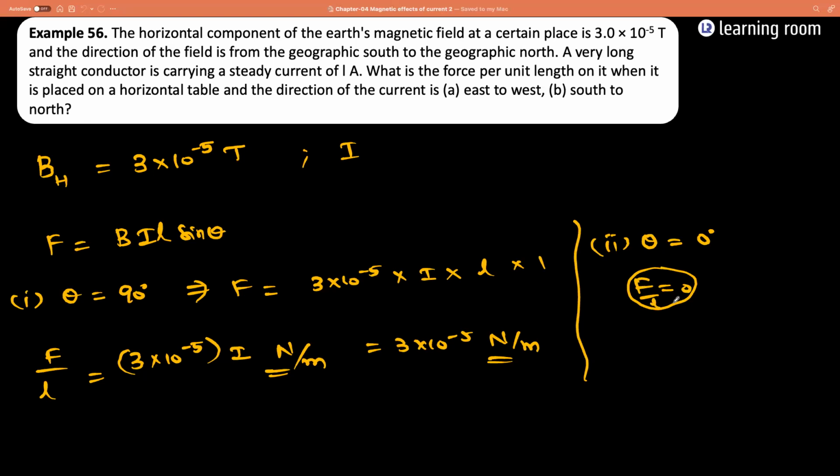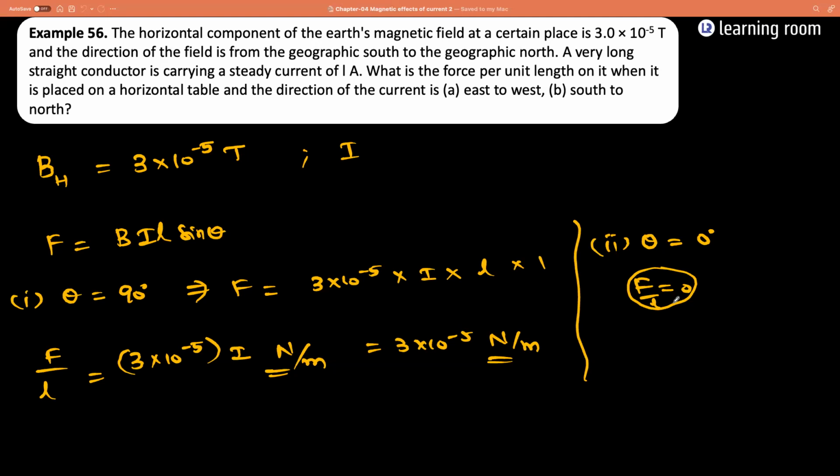Sir, for the first part, can we take as I cap, J cap? Not necessary. Why do you want to take it? Because they didn't ask you the direction, no? But if you want me to solve it, I'll solve and show you. When a horizontal table is taken, this is going to be south to north, right?